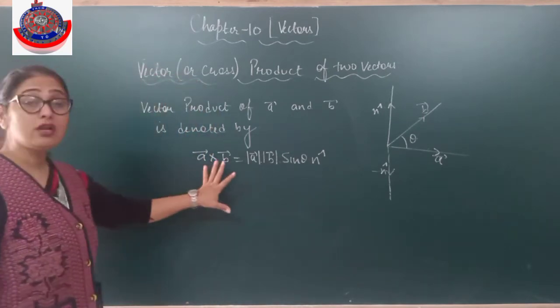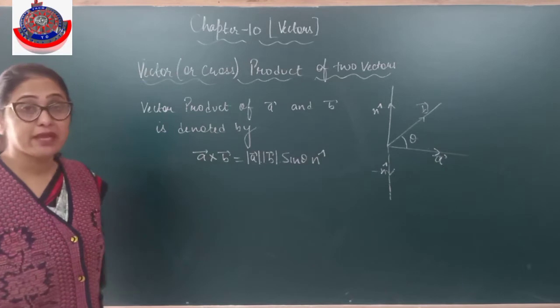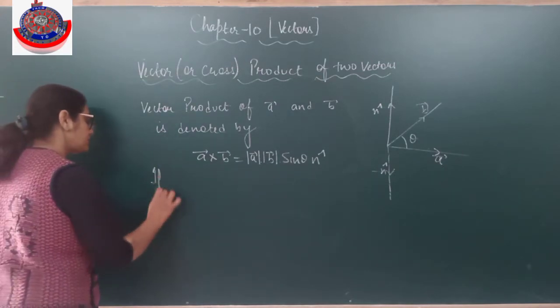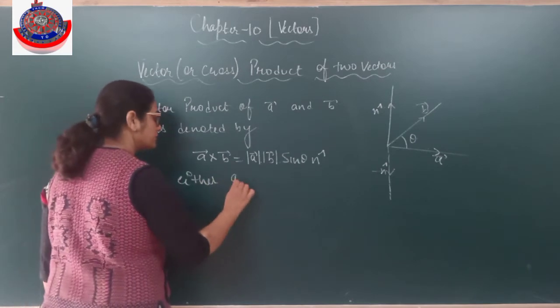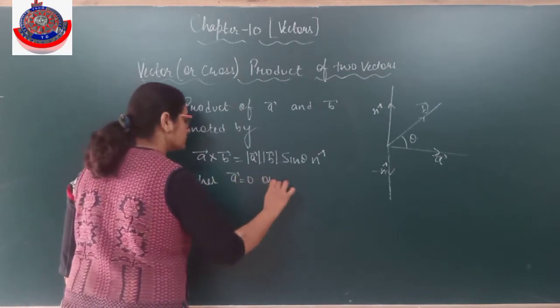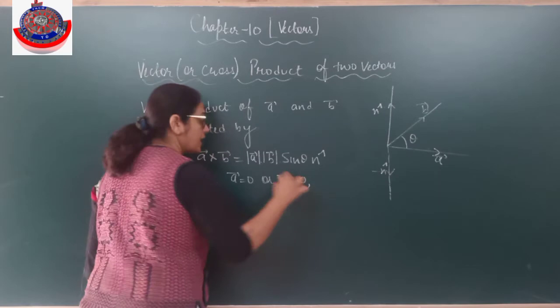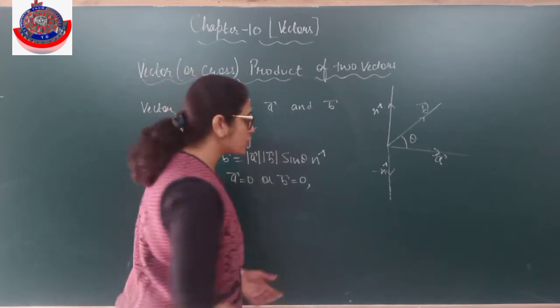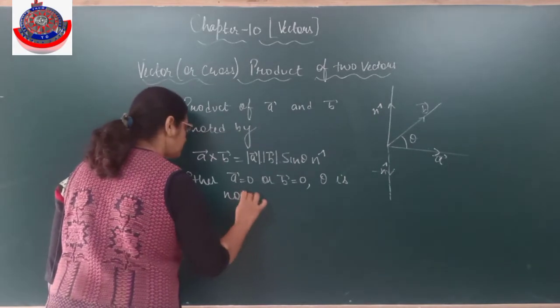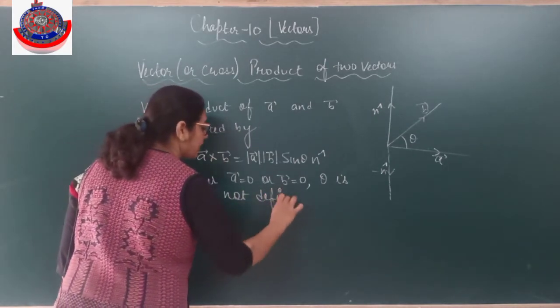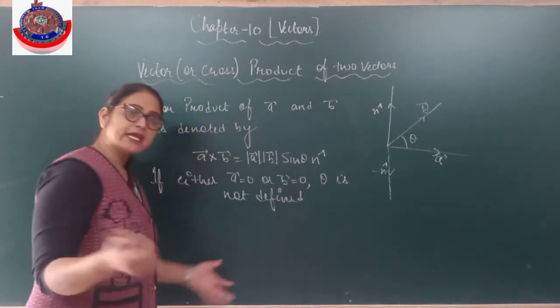Now this is for both non-zero vectors A and B. If either A is 0 or B is 0, then theta is not defined. Because if one of them becomes 0, where will theta come from?